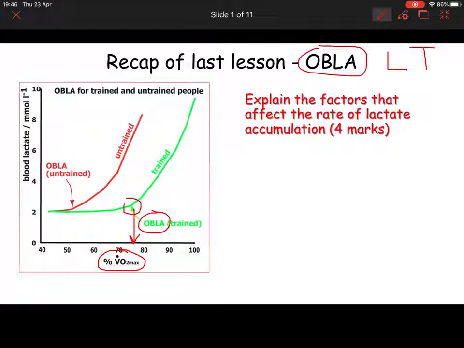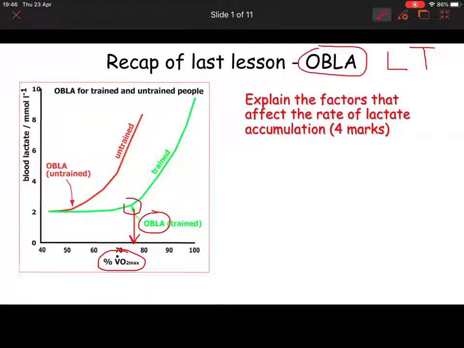So OBLA is a percentage of VO2 max. So the higher your VO2 max as an athlete, the greater the delay in your OBLA, and therefore you'll be able to work aerobically for longer. And that is why endurance athletes, people like Sir Mo Farah, for example, have a higher VO2 max. They're able to work aerobically for longer.